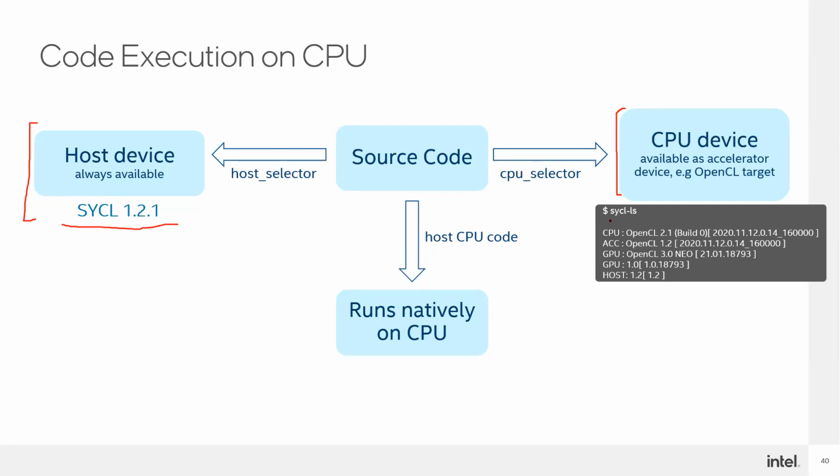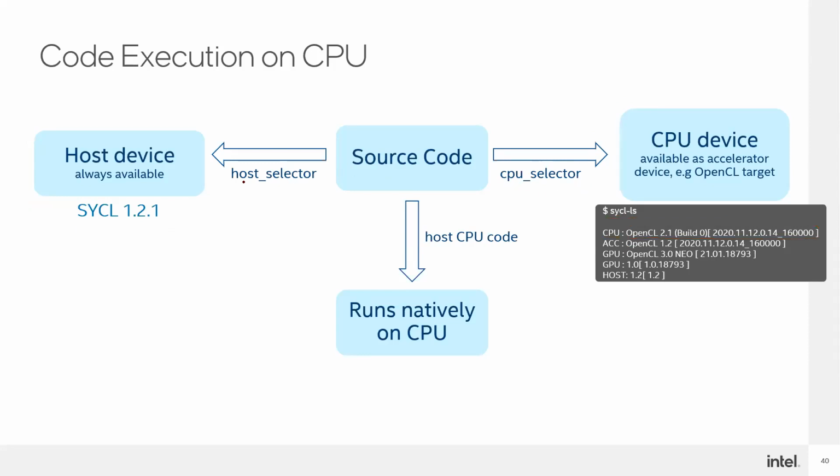For example, if you invoke sycl-ls or clinfo, it will list all the devices available, right? And you can see that for CPU, you have these OpenCL drivers installed. So if you don't have OpenCL drivers installed for your CPU, the CPU selector cannot select this device as a target one.